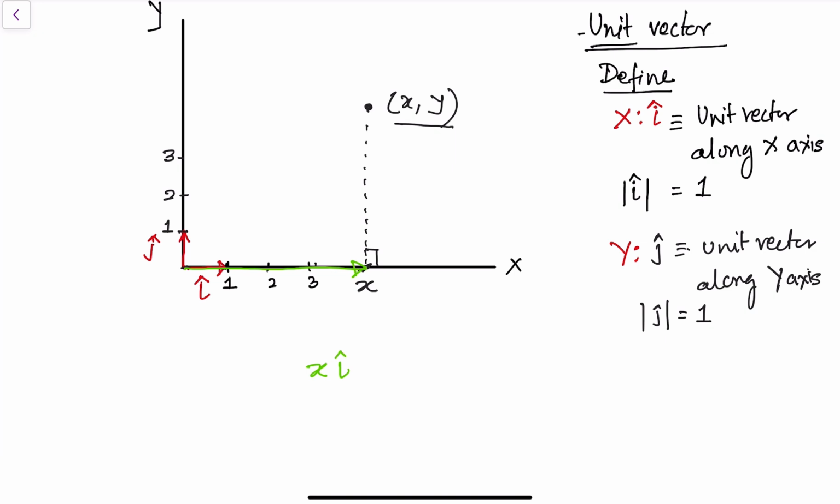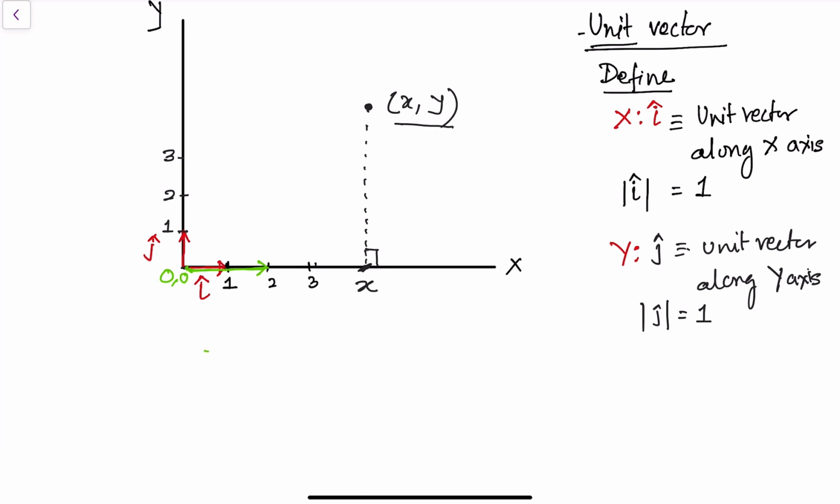Or let us understand it in more detail. Example: a vector whose length is 2 units. I want to design a vector whose length is 2 units along the x-axis, from the origin. How do I write this vector?